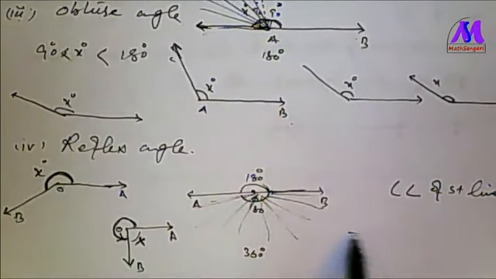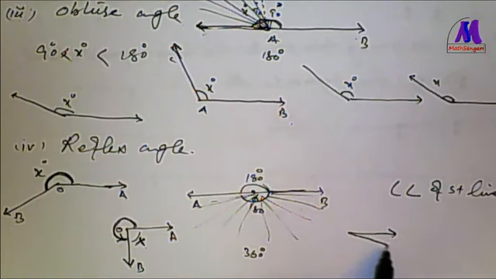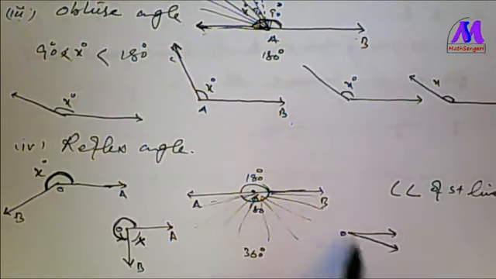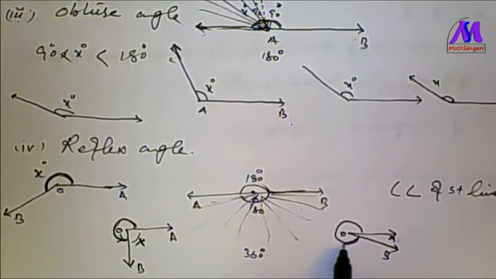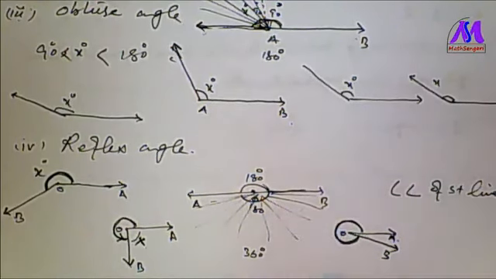Maybe even it's just like this one, sharing a single point at a vertex. O is called a vertex, and here OA and OB, two rays, share a single point, which is called, again I repeat, the vertex, and this angle is called the reflex angle.